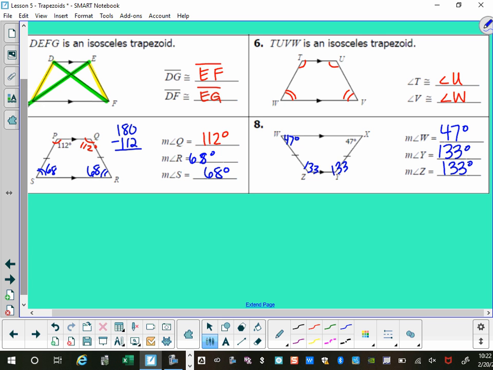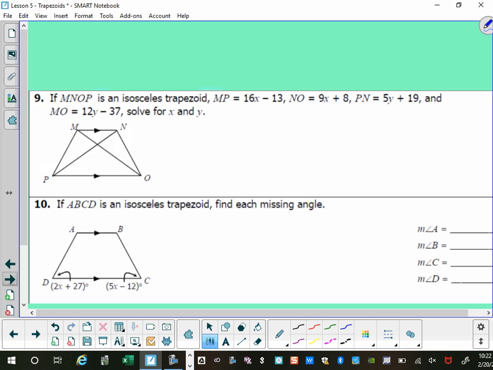All right, let's turn the page. All right, so what it says, NOP is an isosceles trapezoid. NP is 16x minus 13. And NO is 9x plus 8.